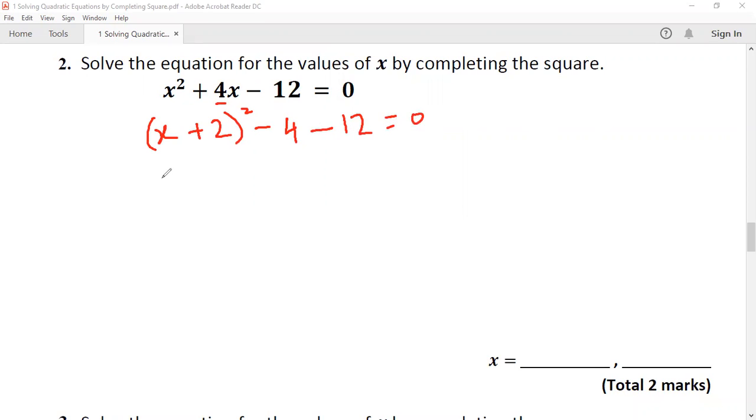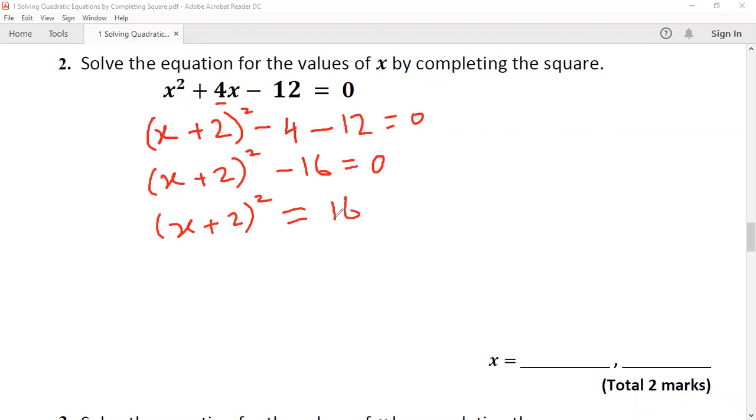And then I can rewrite this as (x plus 2) all squared, and then minus 4 minus 12, that's going to give me minus 16 equals 0. Then adding 16 on both sides of the equation will give me (x plus 2) squared equals 16.